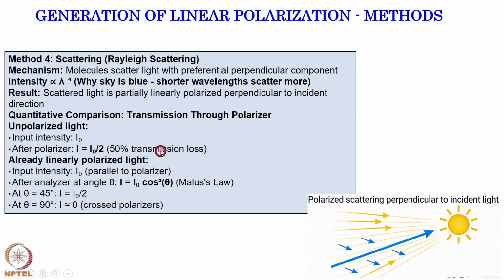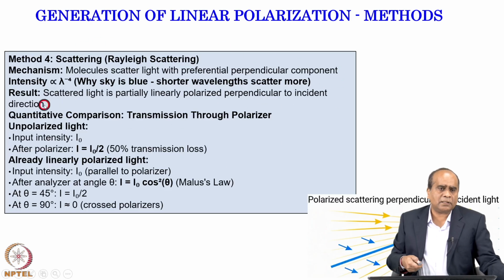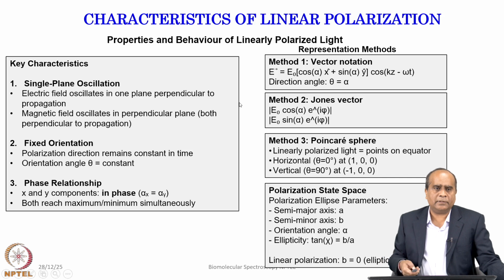So, one can have a scattering method where you have the input intensity I0 and after polarization I0 by 2, a 50% transmission loss, and by scattering again you can get polarized light. So, these are the 4 ways we can have it.